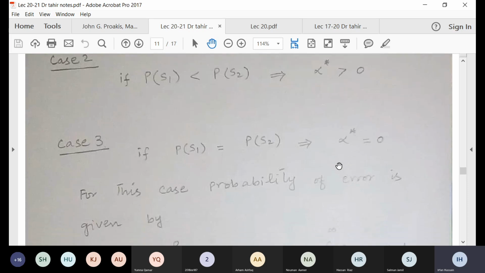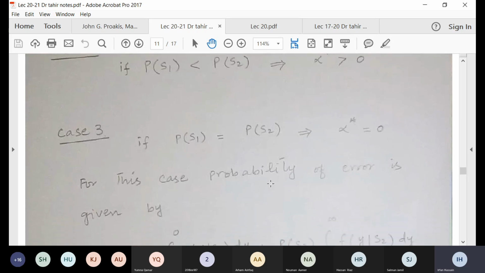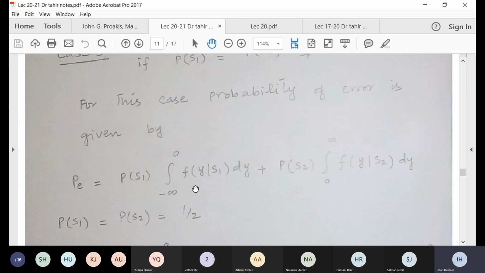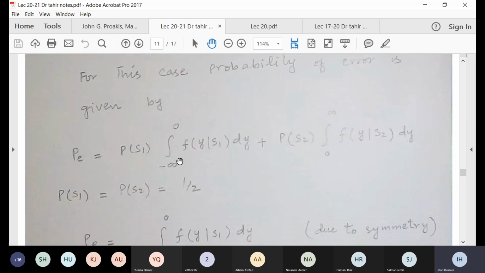Now for this third case, the question is what is the probability of error? So we have seen probability of error is actually minus infinity to alpha and alpha to infinity, but if alpha is 0, this will come out to be like this. And PS1, PS2, let us say they are half. We have assumed they are half because alpha is 0, they have to be equal.